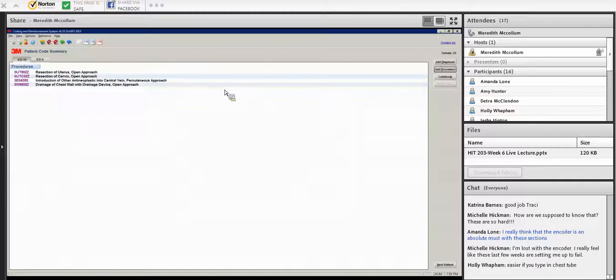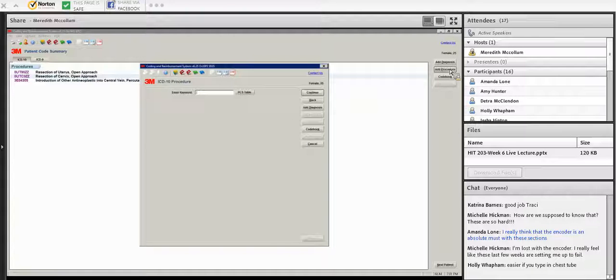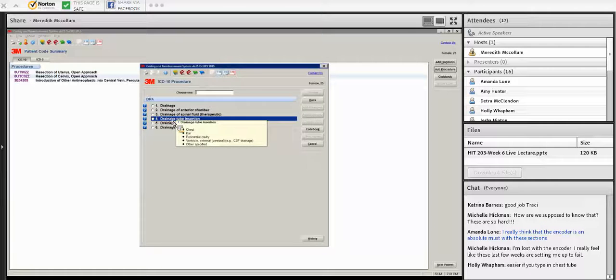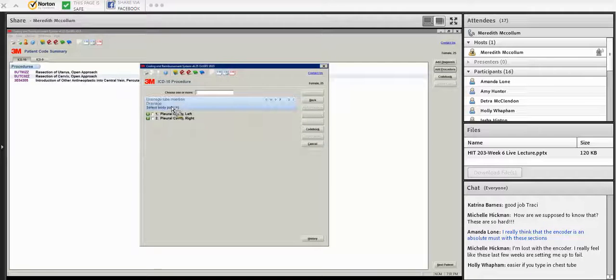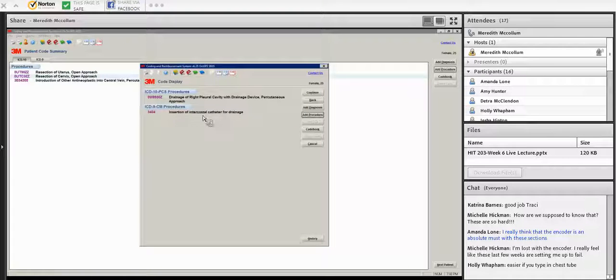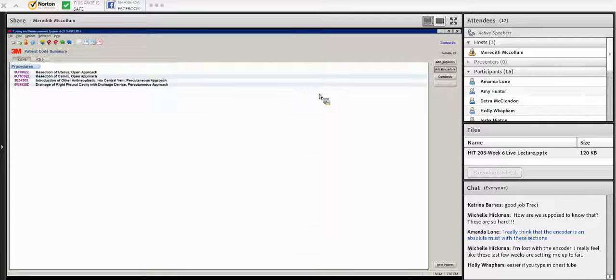Okay, maybe that's it. Let me go to drainage. Tube insertion, chest, right pleural cavity. That does it better. I guess it was percutaneous, though. I would think it would be more. Good point, Holly. It is.